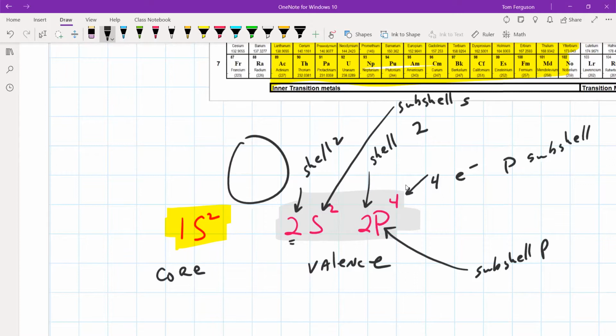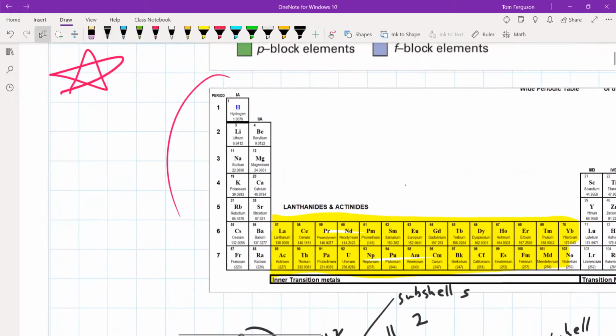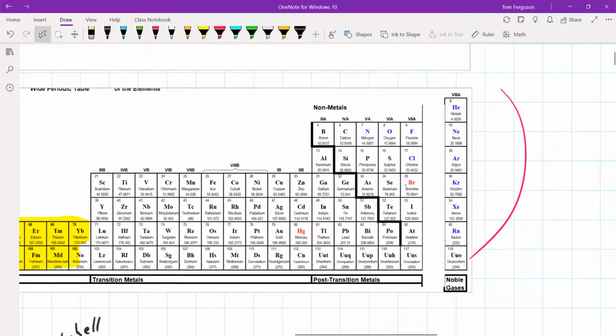Now, oxygen has how many electrons? You look at the superscripts, 2, 2, 4. That means that you have a total of 8 electrons.